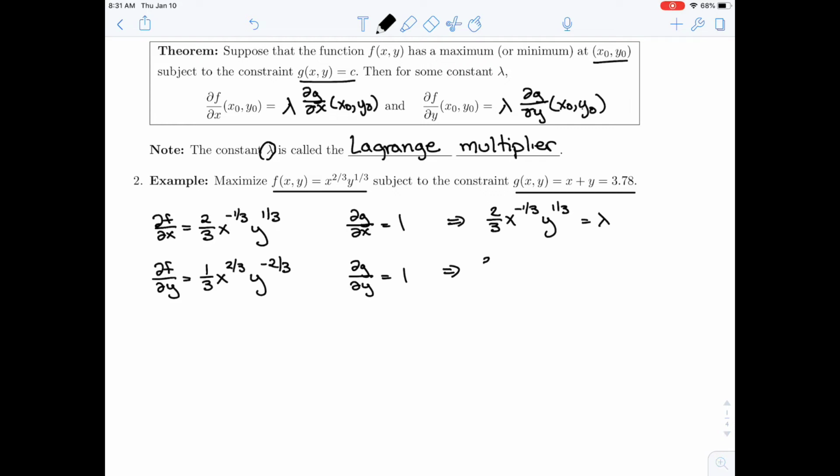And 1/3 x to the 2/3 y to the minus 2/3 should also equal lambda, and both these lambdas are times 1 for the derivatives of g with respect to x and y. And so this gives us two equations for x and y. So I'm going to label them equations 1 and 2.